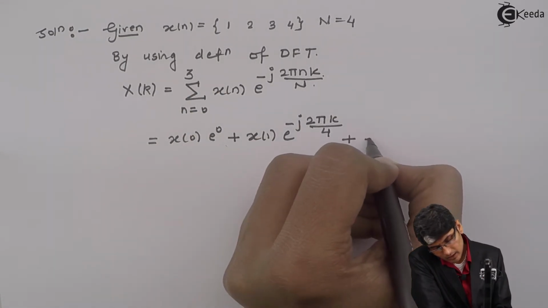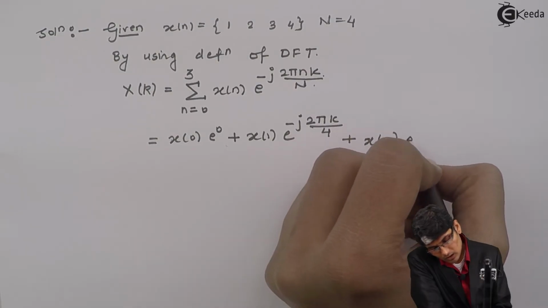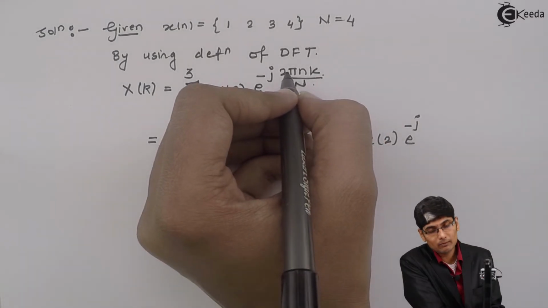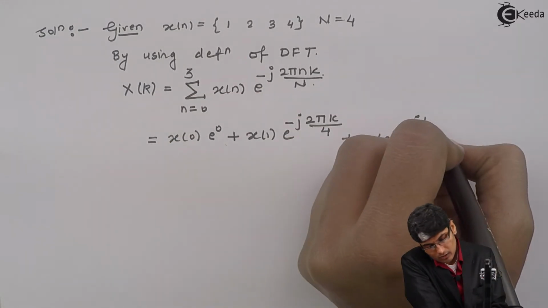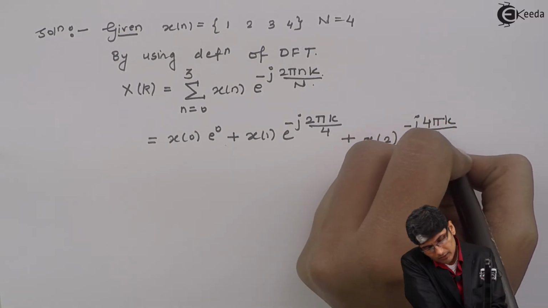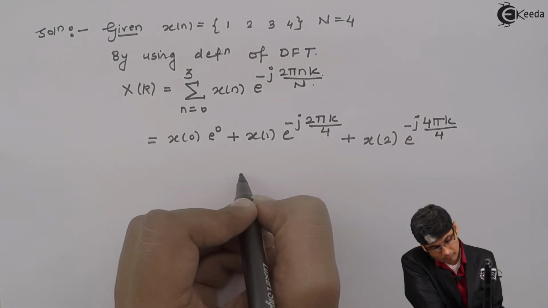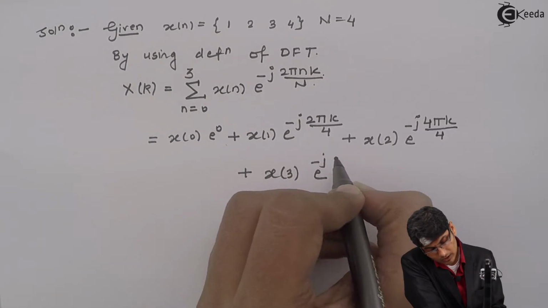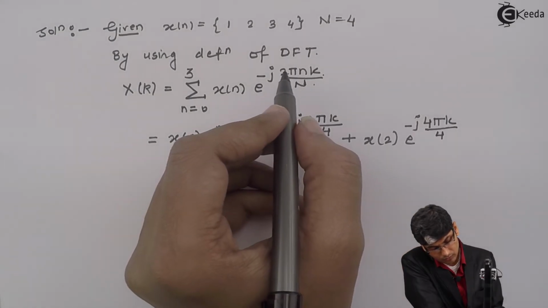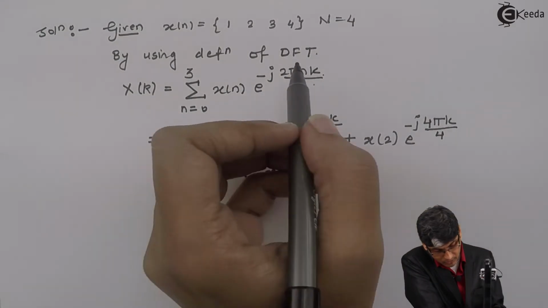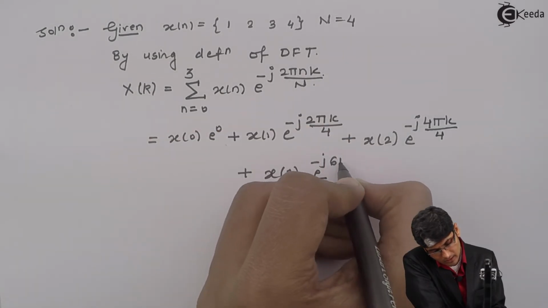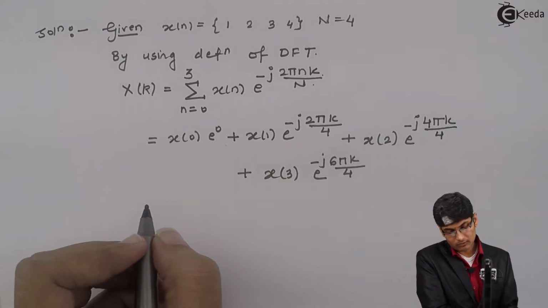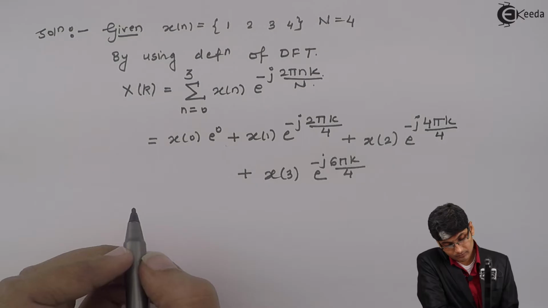Then plus x of 2 e raised to minus j 4 pi k by 4, plus x of 3 e raised to minus j 6 pi k by 4, putting n is equal to 3. So that is what my equation is.